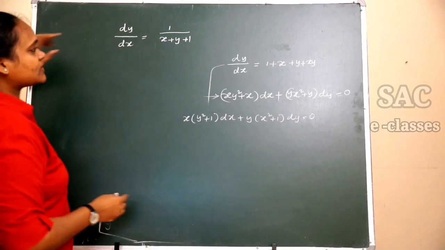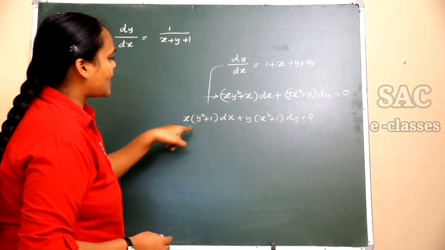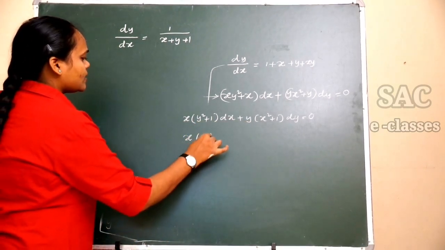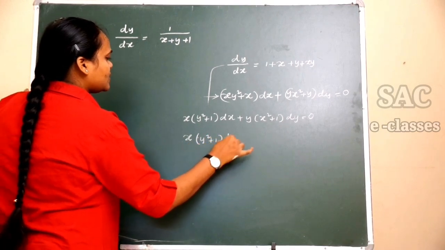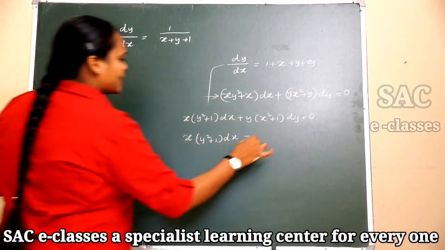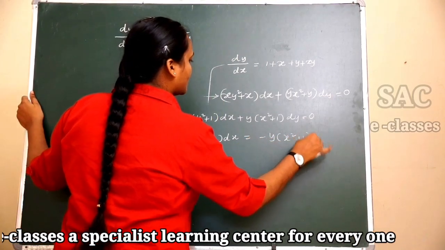But unlike the previous problem, I couldn't take out any common thing here. So what I am going to do is write the dx terms as LHS, and the dy terms as minus y into x square plus 1 into dy.